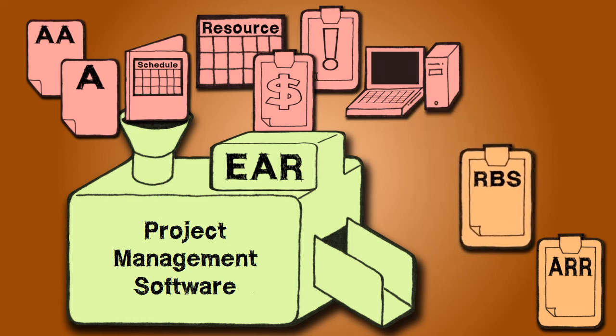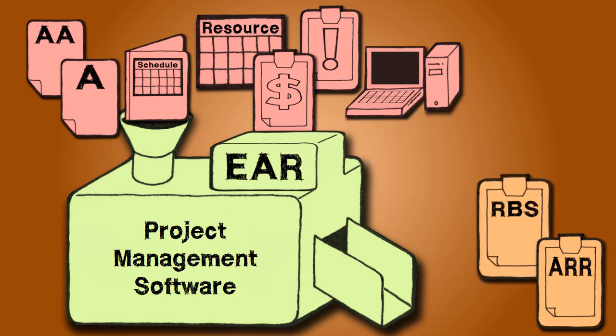The Resource Breakdown Structure, also known as the RBS, is similar to the Work Breakdown Structure and is used to identify and clarify the resources that are needed to complete the project. Project document updates to the activity list, activity attributes, and the risk register are based on the outcome of this process.